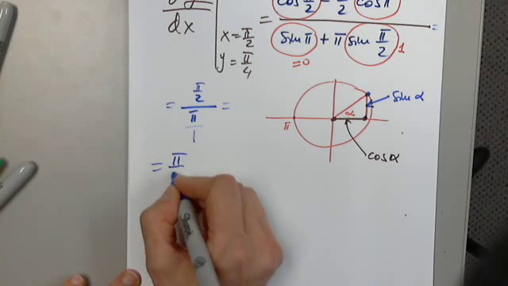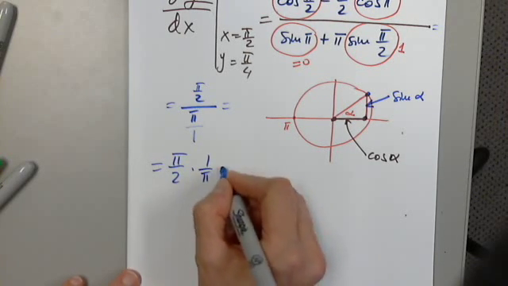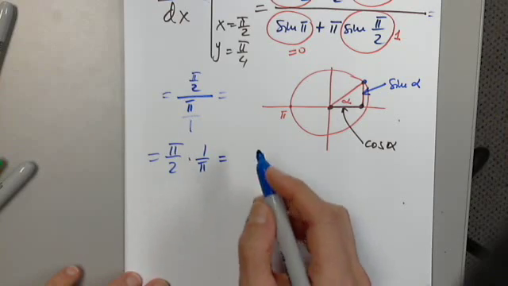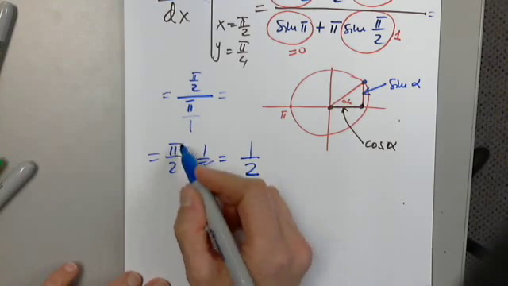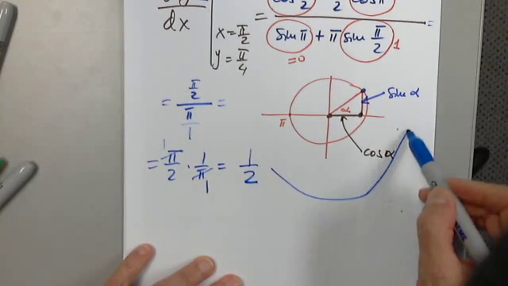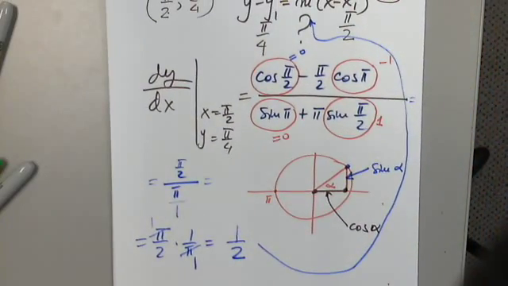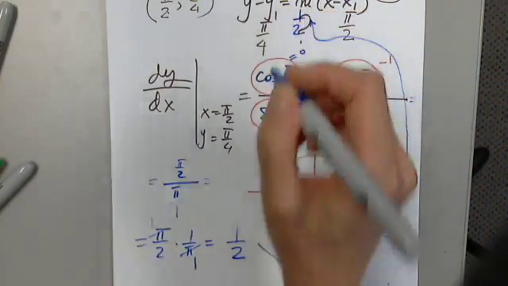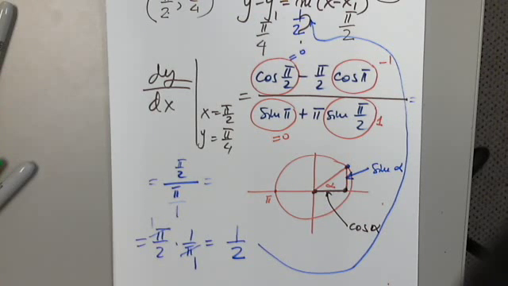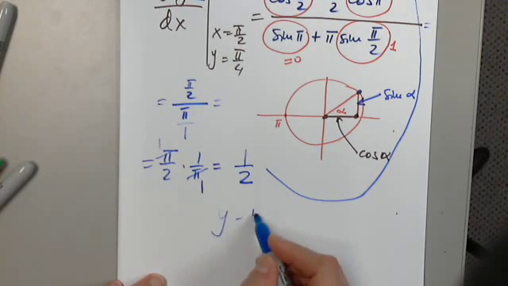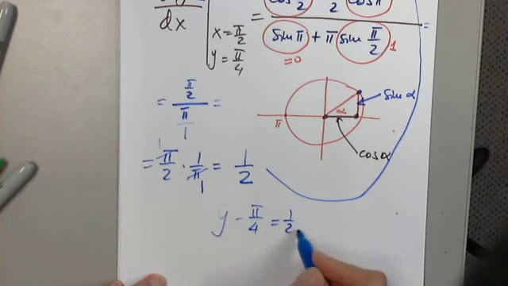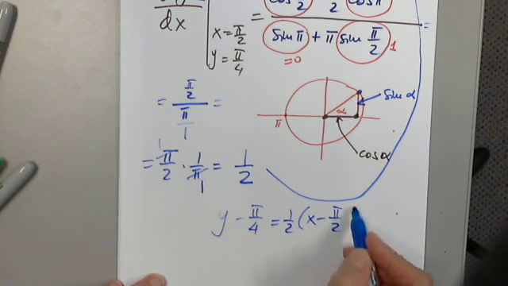So I have pi over 2 times 1 over pi. The slope is 1/2. So all I have to do now is replace it in here. So this is y minus pi over 4 equals 1/2 x minus pi over 2.